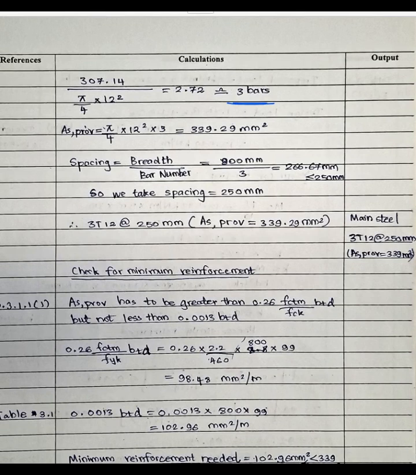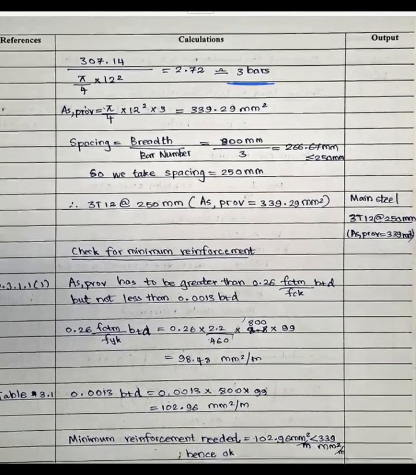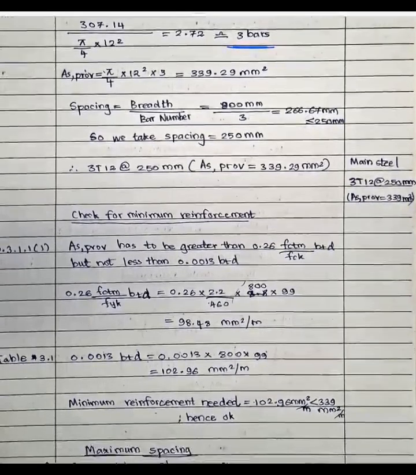For the 3 bars, what is the area provided? Area provided is 339.29 millimeter. If you want to find the spacing of the staircase, we divide the width by the bar number, so we can find the spacing.